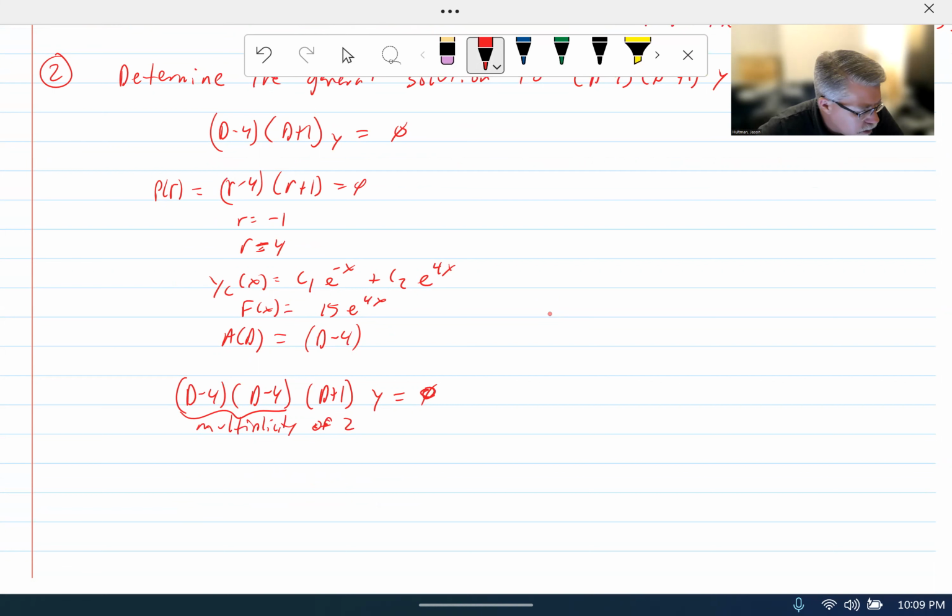So we need one degree higher for y_p of x.